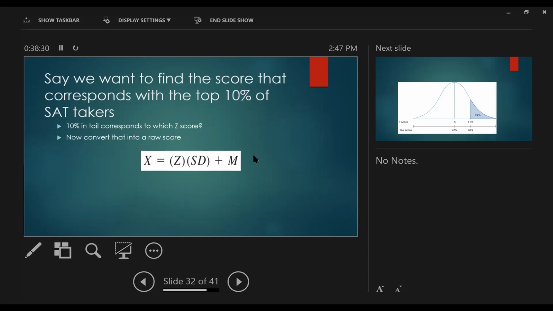So it's taking the same formula we've been using, just changing it around so that we can solve for X. In this case, what is the score where at that score, you're at the top 10%? So that score and higher represents the top 10% of SAT test takers.